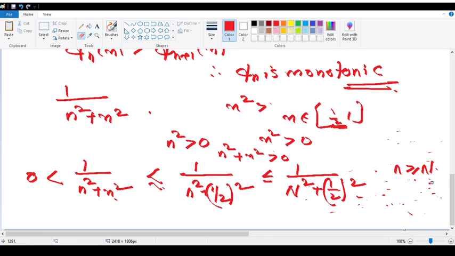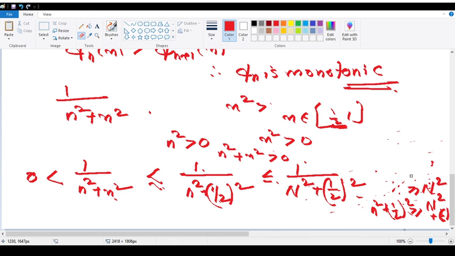Capital N is less than or equal to small n, therefore n square is greater than or equal to capital N square. So n square plus half square is greater than or equal to capital N square plus half square, so its reciprocal is less. So 1 by n square plus half square is less than or equal to 1 by capital N square plus half square. Okay? So we get this inequality. Is it clear?